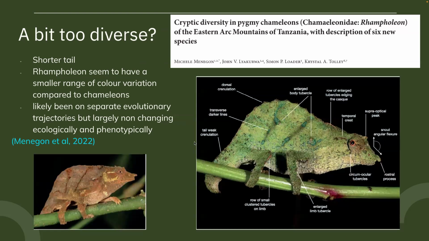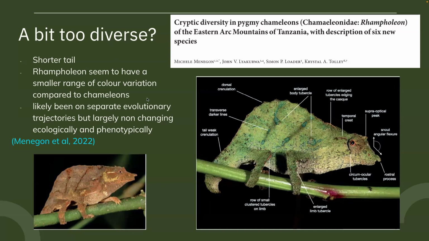So I threw this little ugly guy in here because I thought it was interesting just to see. This is the pygmy chameleon of the Eastern Arc Mountains of Tanzania. I just wanted to throw these in here so that we can see the differences between the chameleon that we know and love and these guys. Some things I pointed out, they have a weird shorter tail.